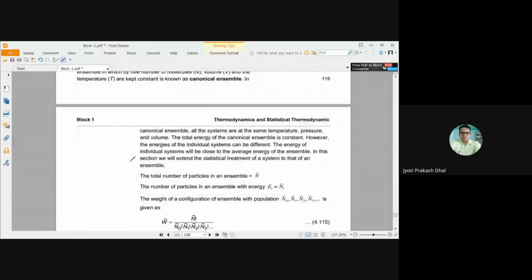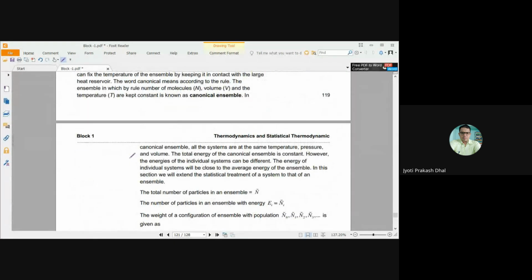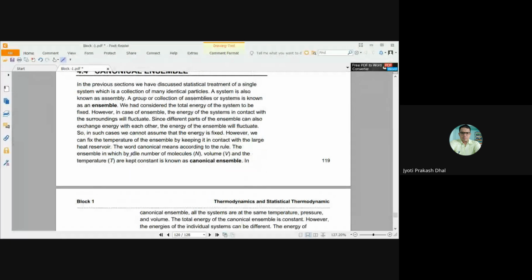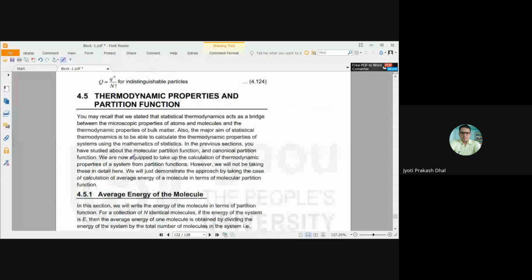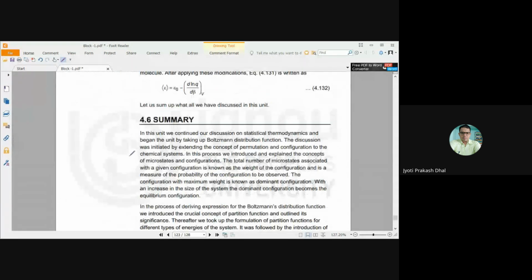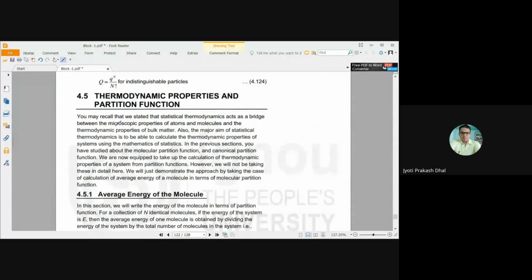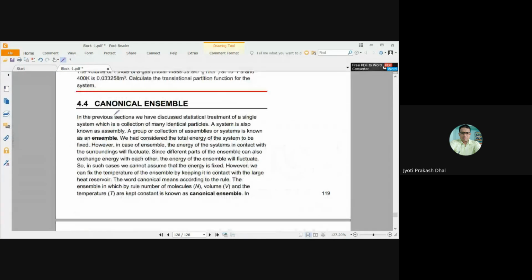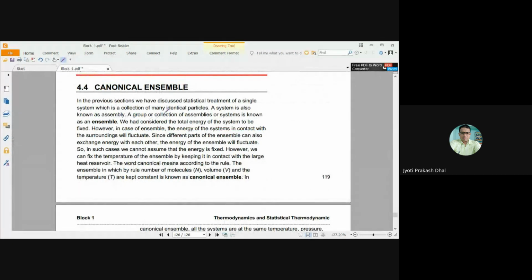Now coming to the next topic, the canonical ensemble. In the previous section, we discussed the statistical treatment of a single system, which is a collection of many identical particles. A system is also known as an assembly.